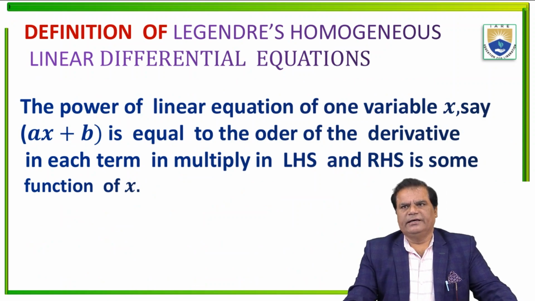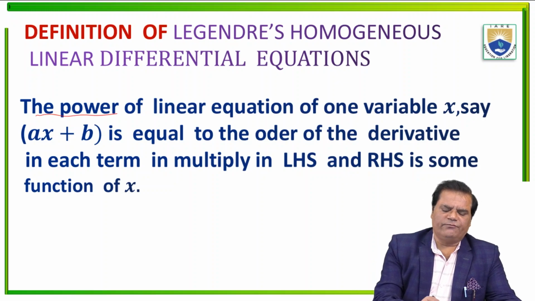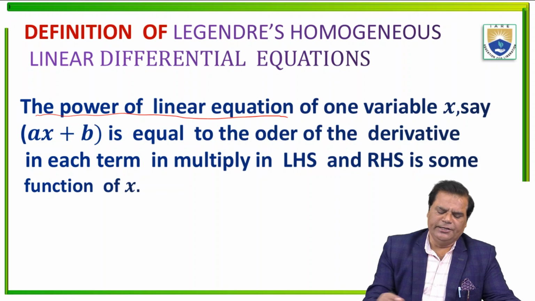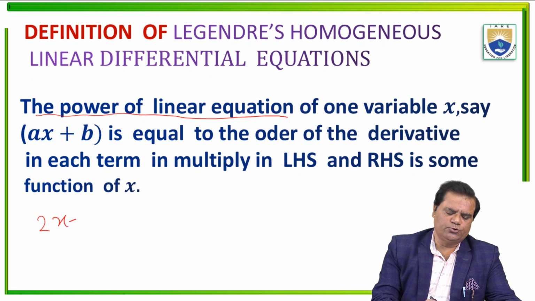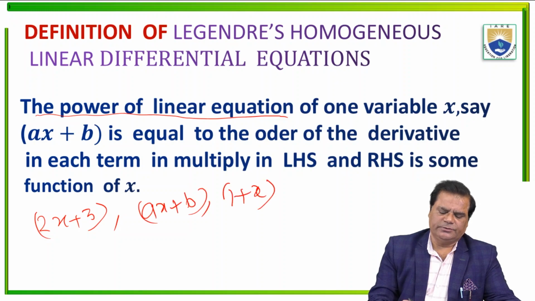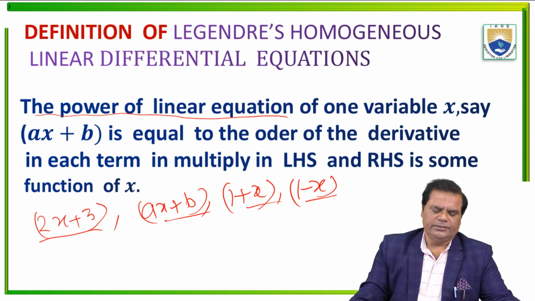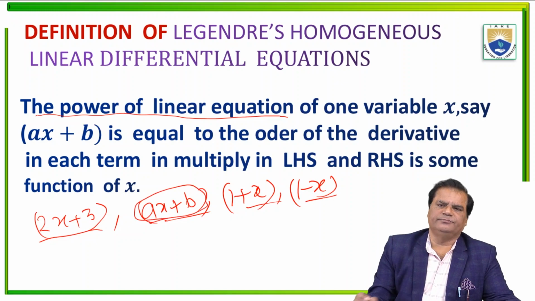Definition of Legendre homogeneous linear differential equation. How can we define it? The definition is: the power of a linear equation, any linear equation. Linear equation means 2x plus 3, ax plus b, 1 plus x, 1 minus x. These are all linear equations. The general form is ax plus b.